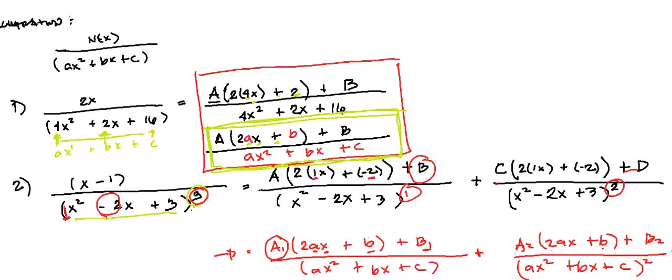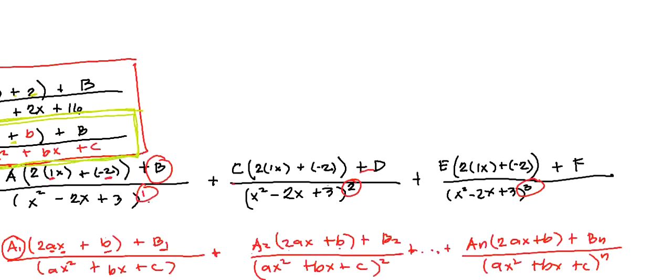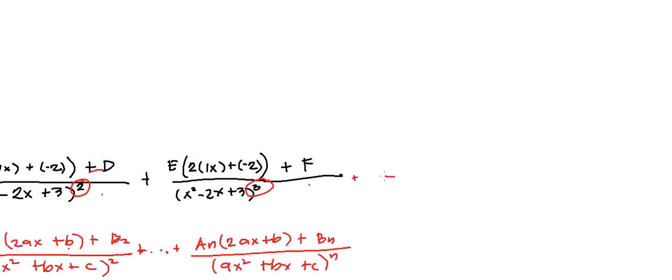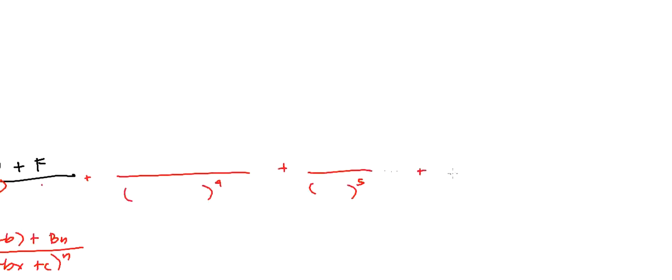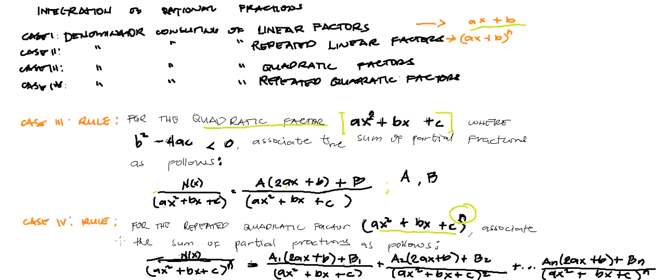If this is equal to 10, we need to add similar forms up to 10, all over the quadratic form raised to 4, then raised to 5, until we reach the quadratic form raised to 10. In our next video we are going to have some examples regarding this rule.